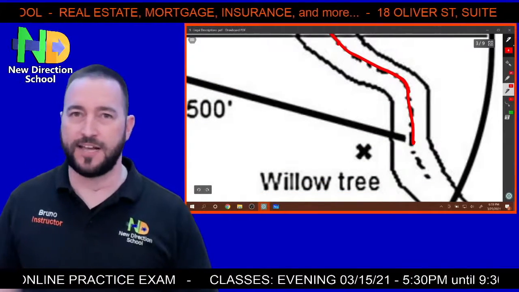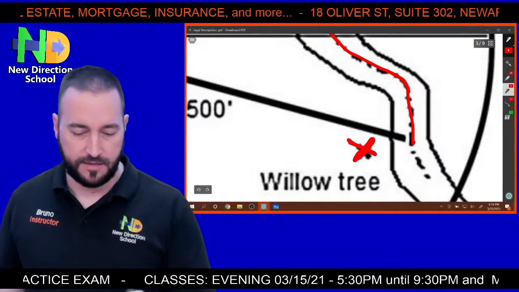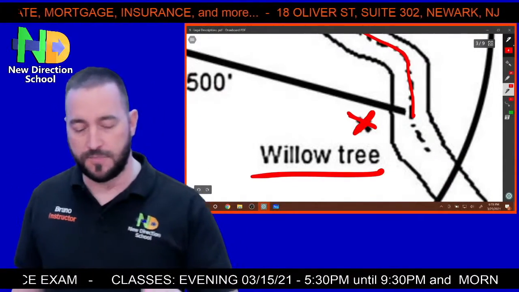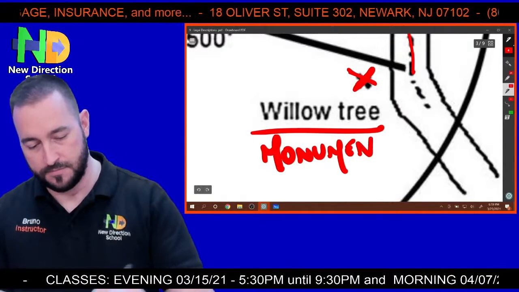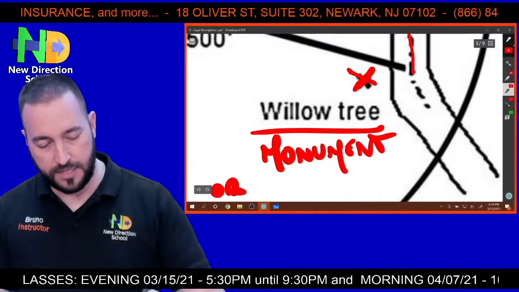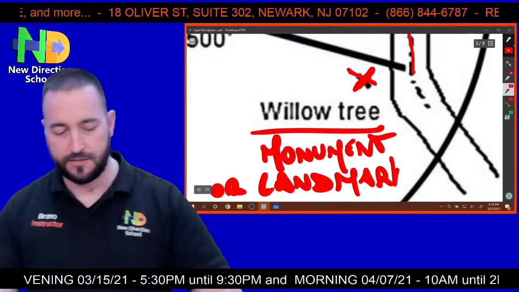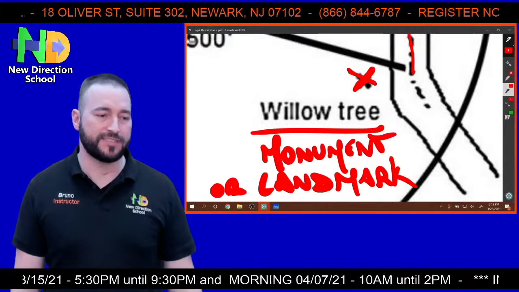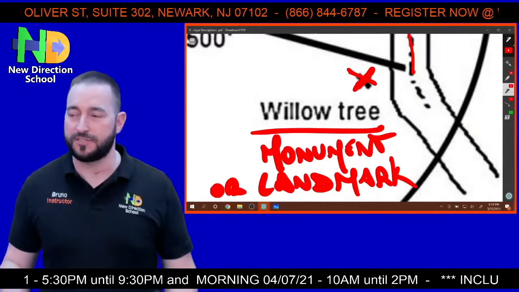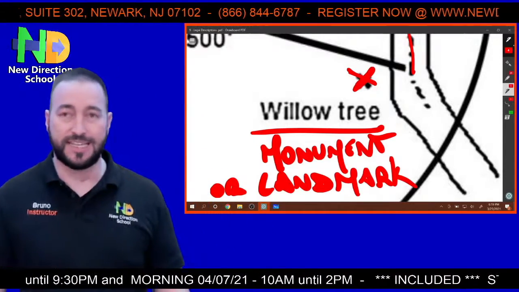We look to the right, and what do we see? The willow tree. And that's a monument or a landmark that helps us identify the first stop. The tree is a natural monument or landmark. We stop right there. We saw the tree, boom, stop. Okay, what's next?